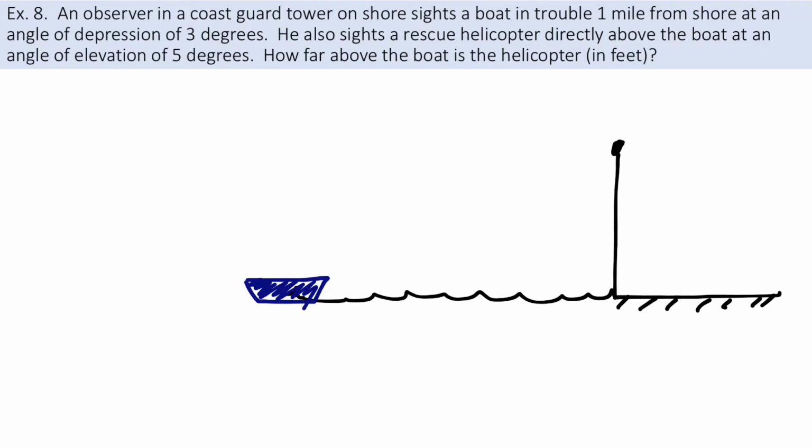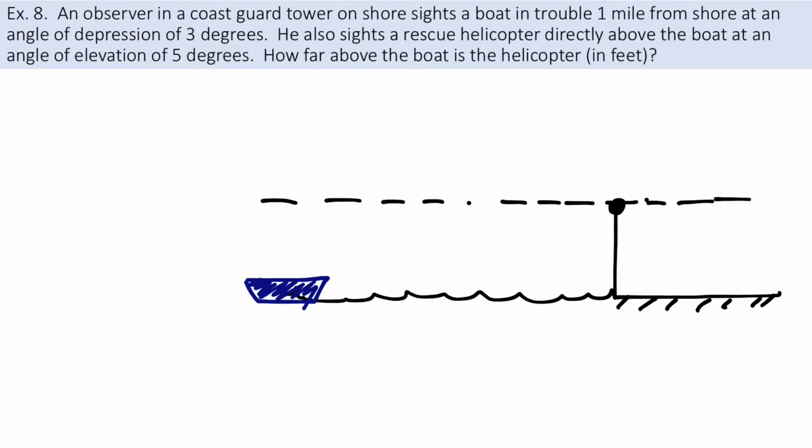All right, let's make the tower a little bit shorter so I have enough room for the helicopter. All right, so he spots that boat out there. So here's your horizontal line for your angle of elevation and depression. Got to have a horizontal line through the line of sight there, through the person's eye.